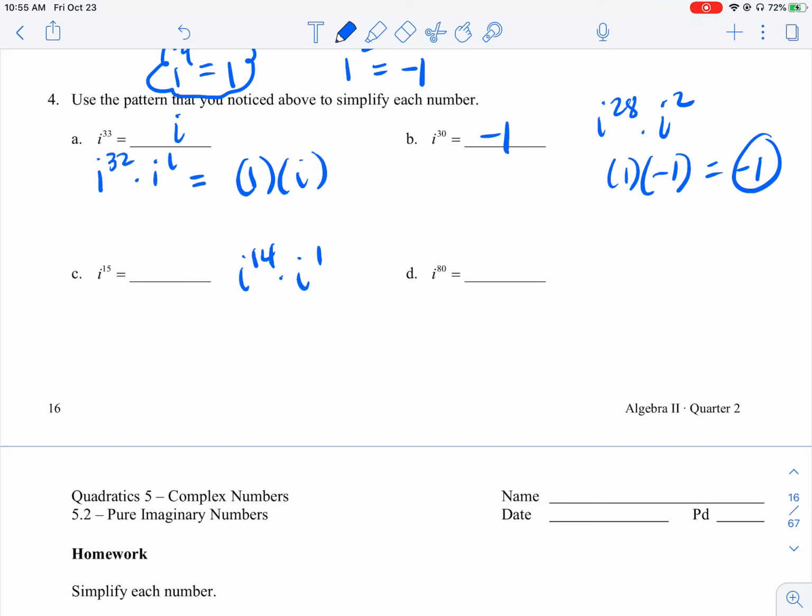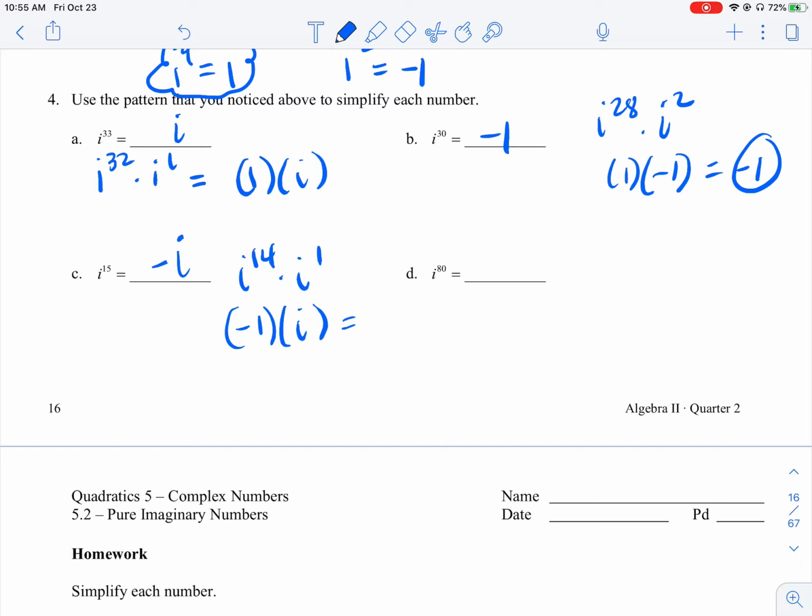I know 14 is divisible by 2, so that's a negative 1, and that's an i. So together, if I multiply those, that's a negative i. Does that make sense? Or you could break it into i to the power of 12 and i to the power of 3. But I already know that if it's an even number, as long as it's not divisible by 4, it's a negative 1.